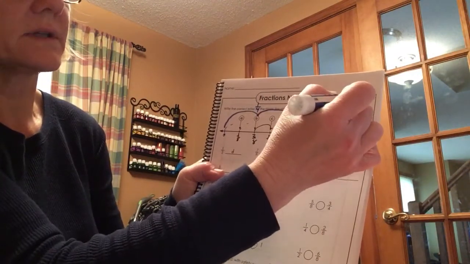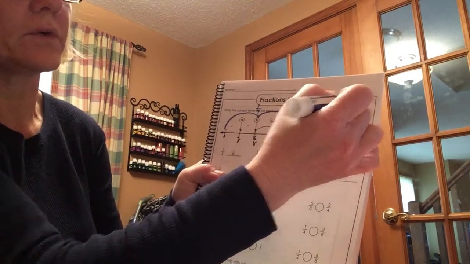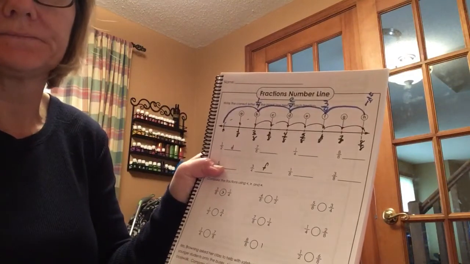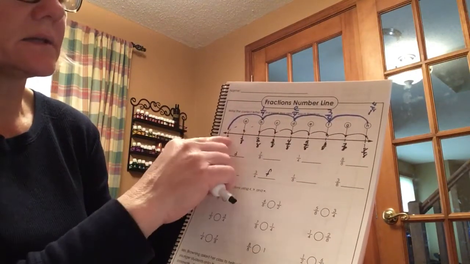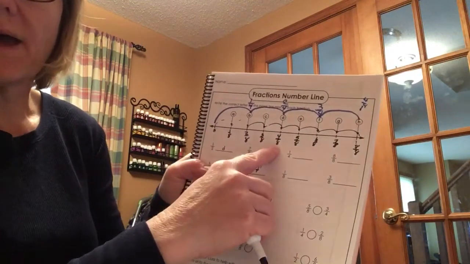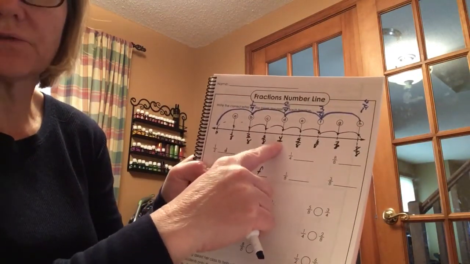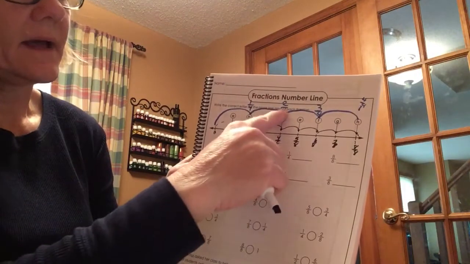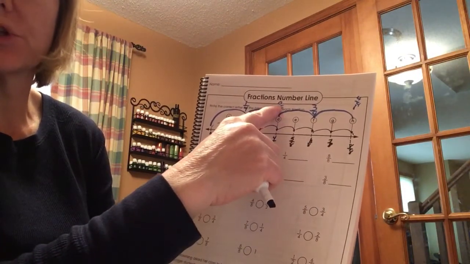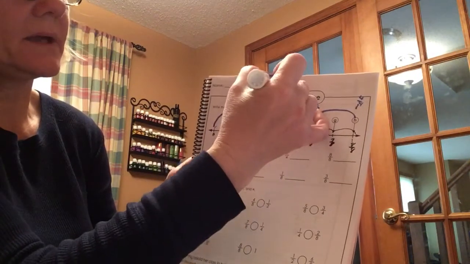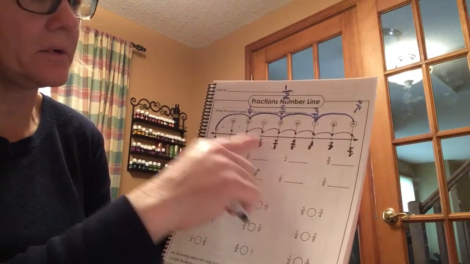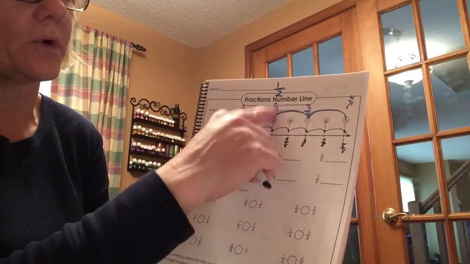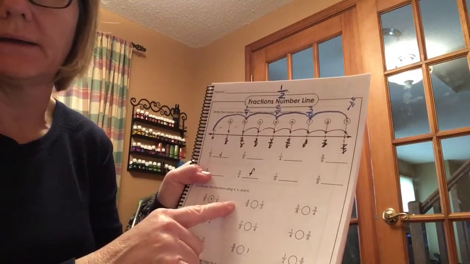And this, of course, is 1, which is 4/4, which makes the whole number. Now you can compare them. And it makes sense when you look here that half of 8 is 4. Half of 4 is 2. This being 1/2, this is half of the number line. Whether it's eighths or fourths, this is still halfway.